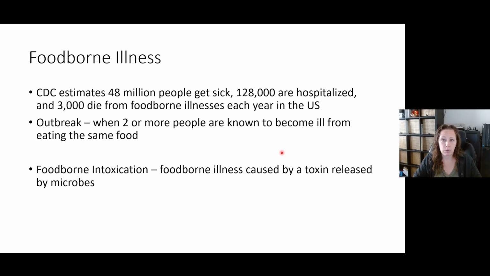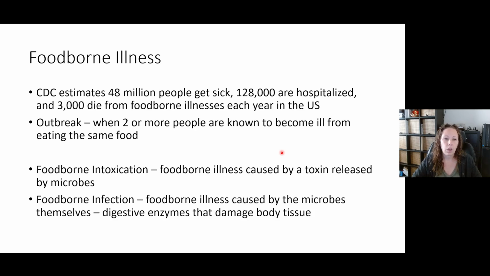That toxin might be released before you even consume the food, or it might be released in your body. But it's the toxin itself that makes you sick. A foodborne infection is caused by the microbes themselves and the digestive enzymes that they are using to eat their food that actually end up damaging the body tissue in your body.